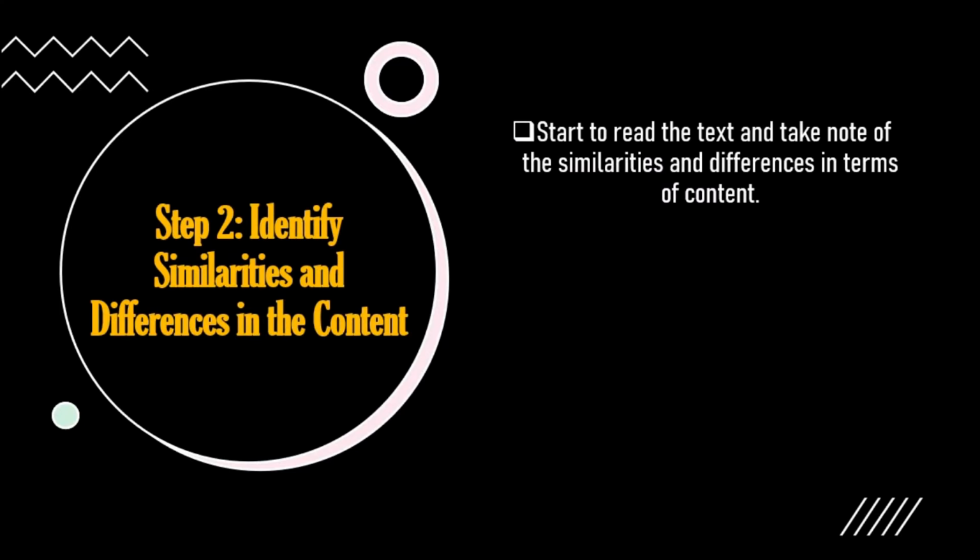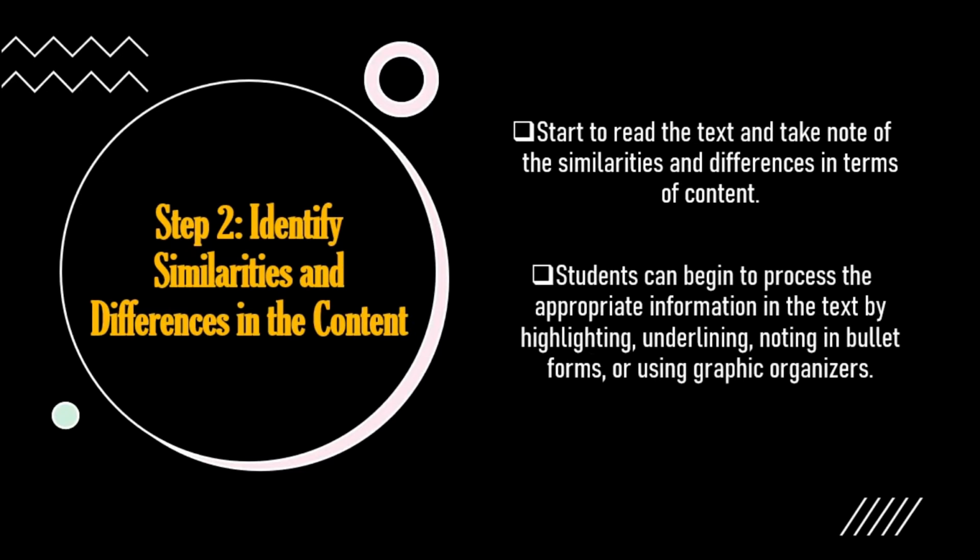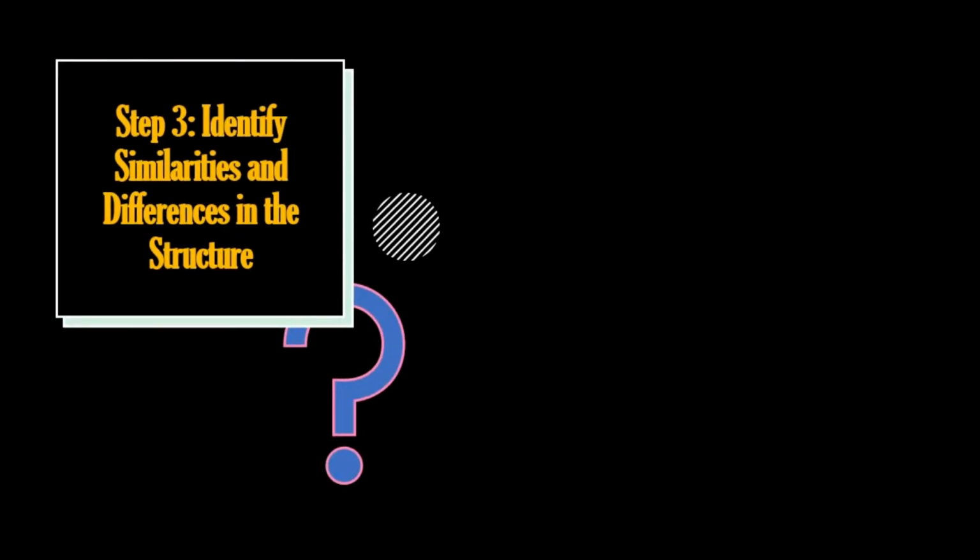If you are presented with reading selections or articles, you have to start to read the text and take note of the similarities and differences in terms of the content. You may use the strategies of highlighting, underlining, and you may take down notes in bullet forms. That's very helpful. Step number 3, identify the similarities and differences in the structure.